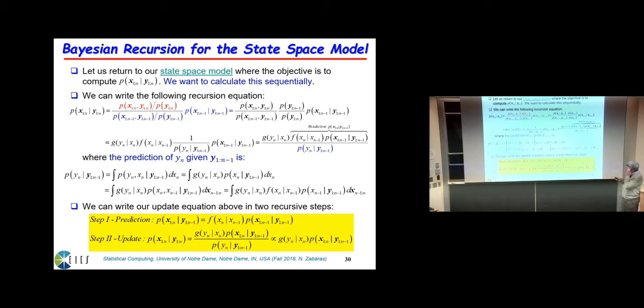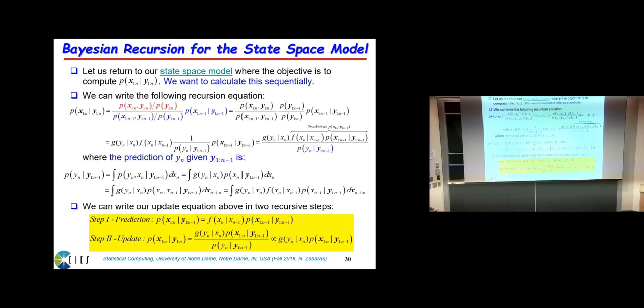This is the probability of xn minus 1 given the data up to n minus 1. So recursively, remember, this is what we work on. So are we going to know the probability of xn minus 1 given y1 to n minus 1? We obviously already have the posterior at time n minus 1, and this is just the marginal of that posterior.